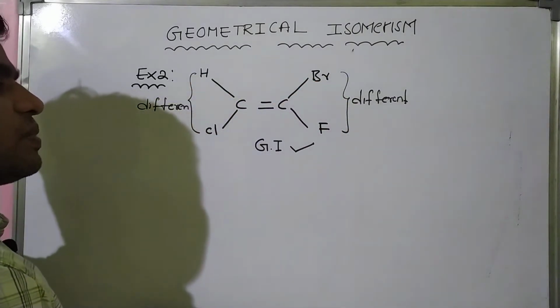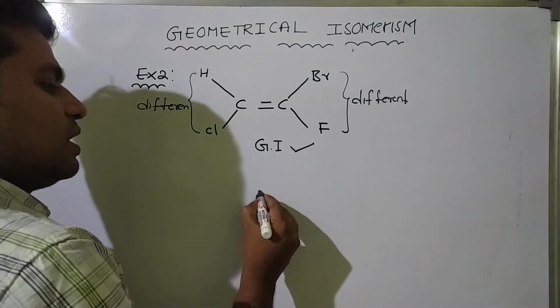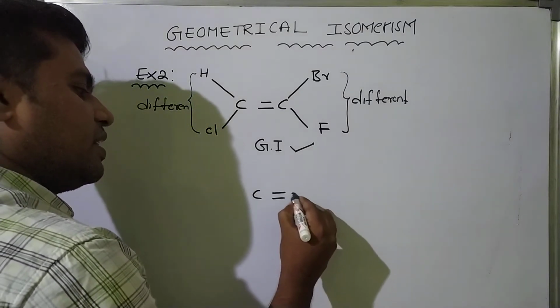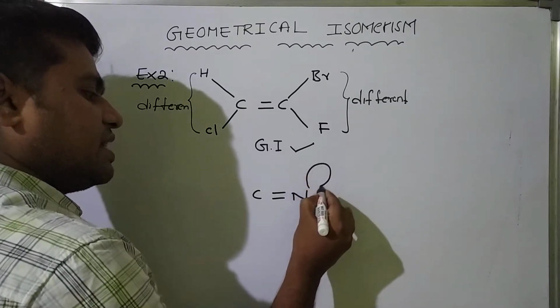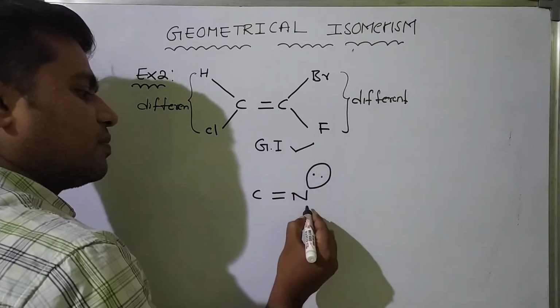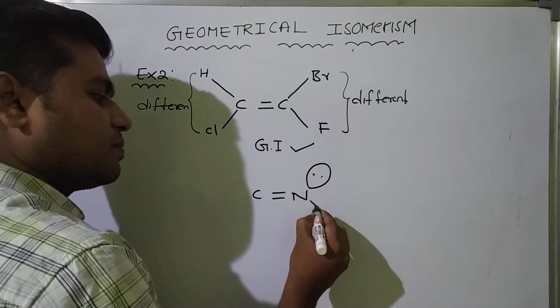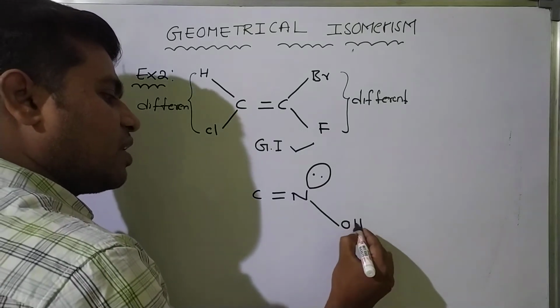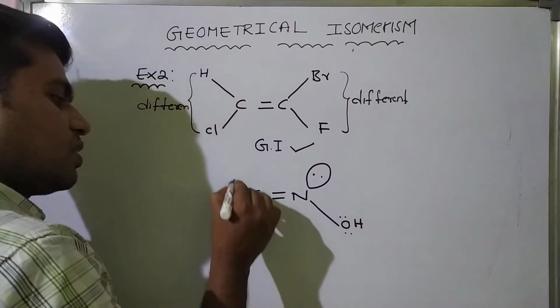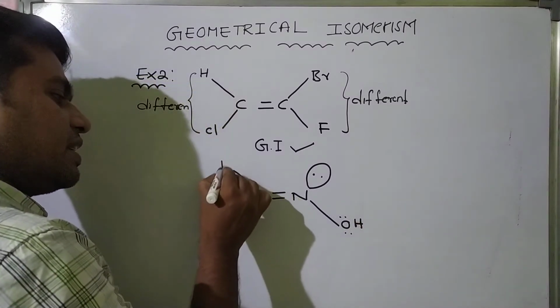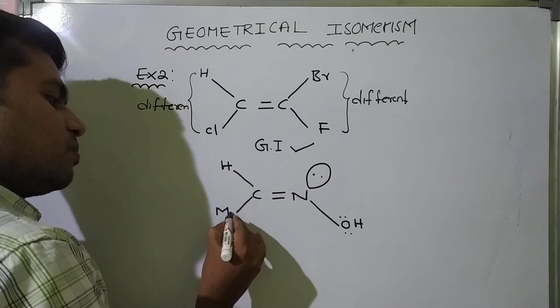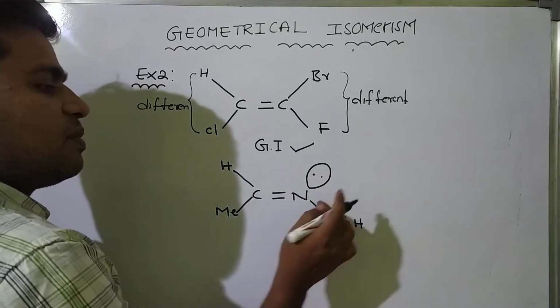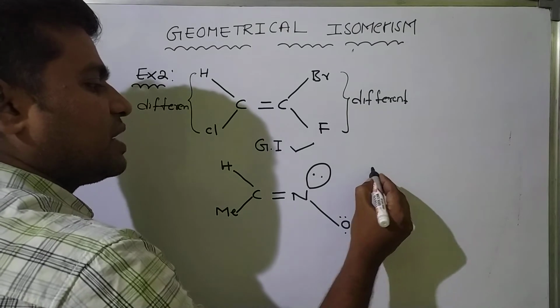Can you understand? Now the third example, C double bond N. This is one lone pair on this nitrogen atom. This is a hydroxy group. This carbon atom contains one more hydrogen and one methyl group. This molecule also exhibits geometrical isomerism.